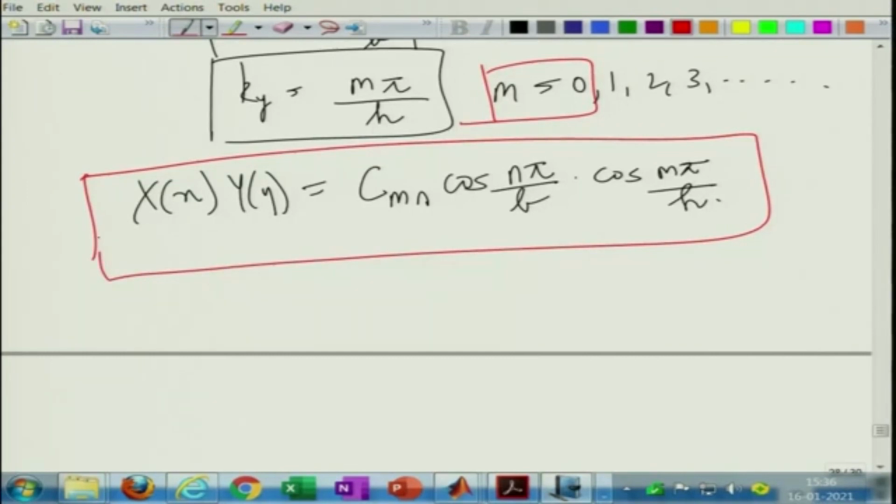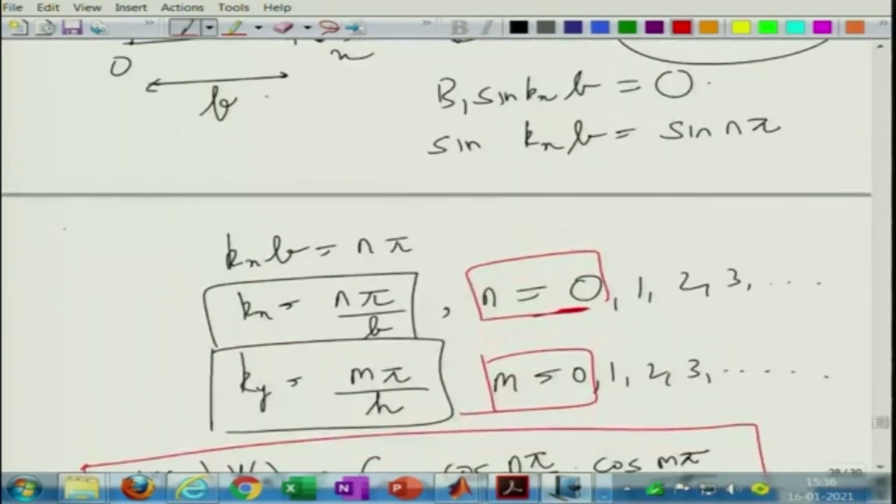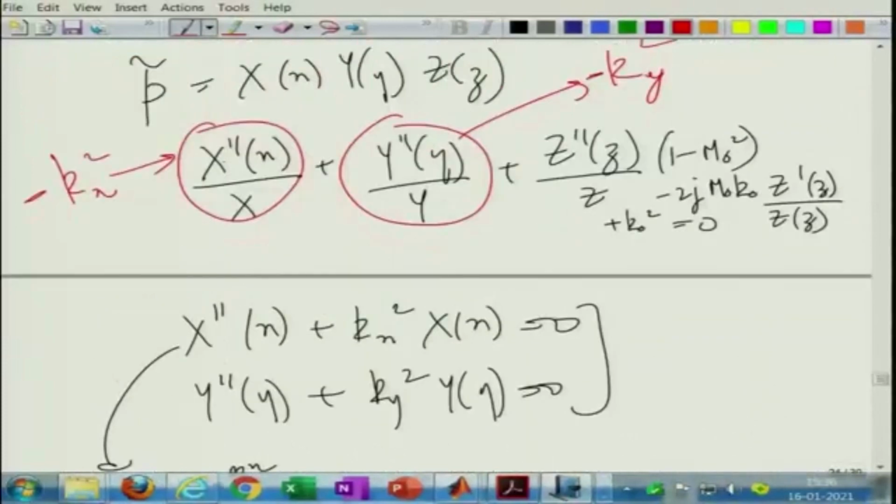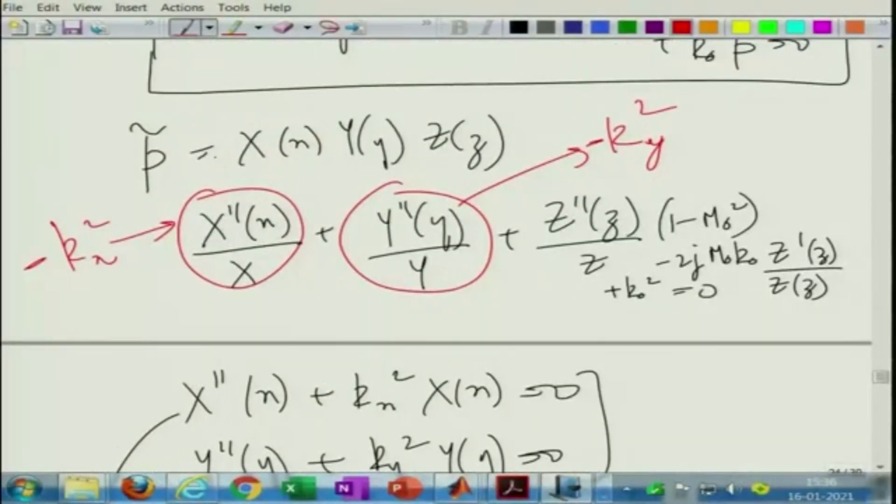Now, the thing is that if we go back to this equation, the moment we agreed on separating the variables. Okay. If we put minus kx minus ky square here, and let us assume that this guy, let me use another color, this is minus kz, wave number along the z direction or the propagation.